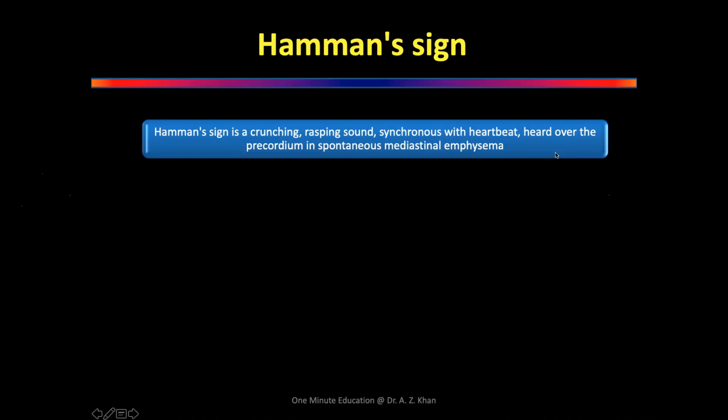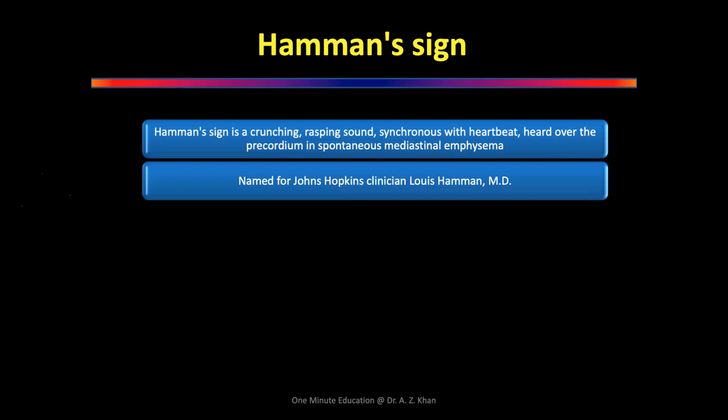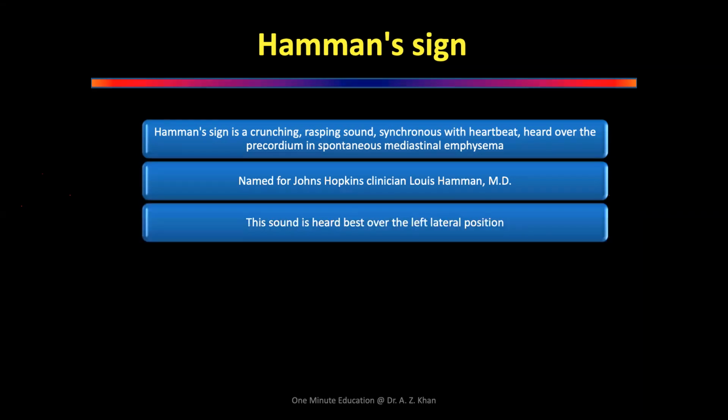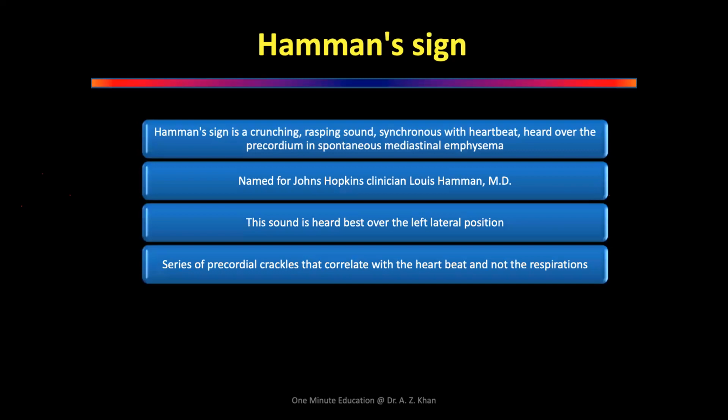And Hamman's sign is the one that's used to elicit a crunching sound over the precordium. Named after Johns Hopkins clinician Louis Hamman, the sound is best heard in the left lateral position, and it's precordial crackles. You hear a crackle that correlates with the heartbeat and not with the respiration.